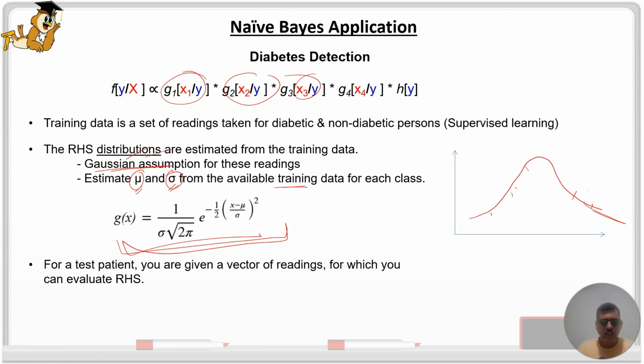So for a test patient, when you are given a vector of readings x, you can find out what g1 of x given y is for that particular reading, because now you have the continuous curve. I keep saying distribution. I should always be saying density functions, probability density functions.